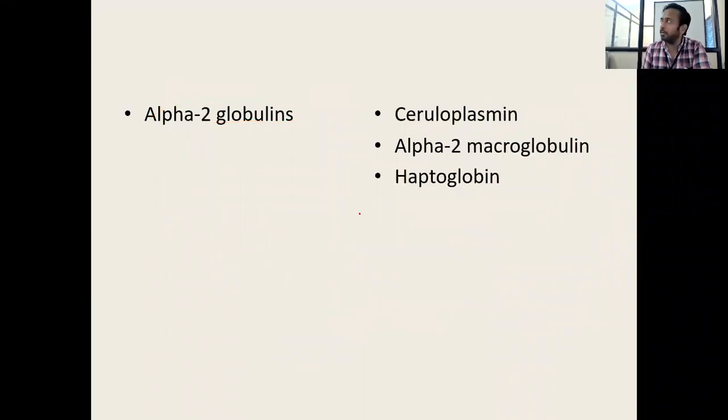When you see the electrophoretic pattern, albumin is first because of its high concentration, then alpha 1, alpha 2, beta and gamma. So the alpha 1 portion is made up of alpha 1 antitrypsin, alpha 1 acid glycoprotein and alpha 1 lipoprotein. On the electrophoretic pattern, the bands run as albumin, alpha 1, alpha 2, beta and gamma from negative to positive node.